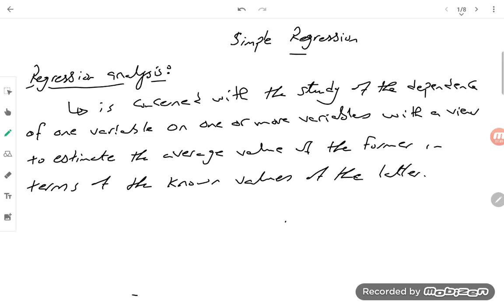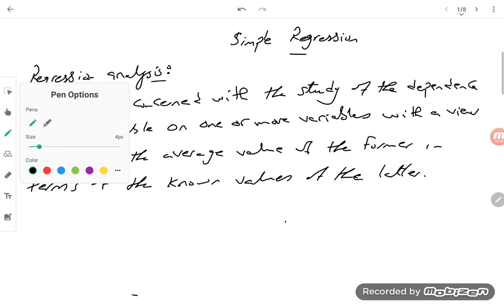This means that we would like to study the impact of one variable or a number of variables on another, in order to determine the average value of the dependent variable given the values of the independent variables.